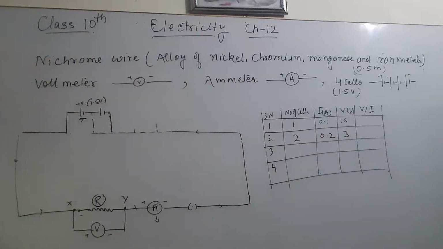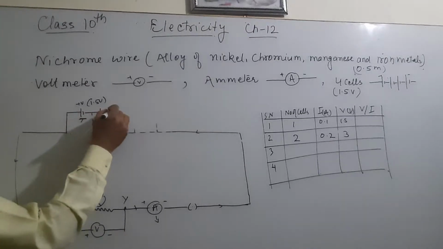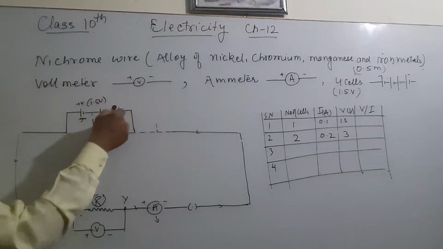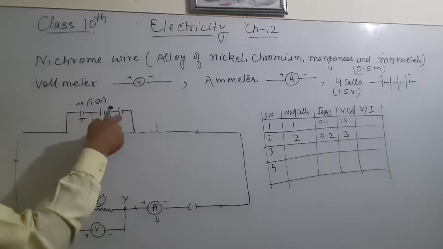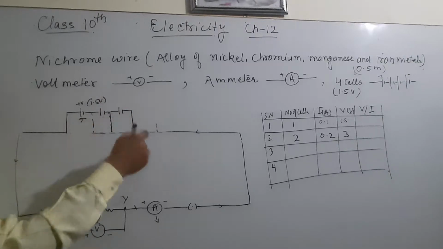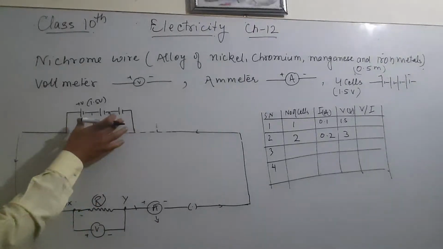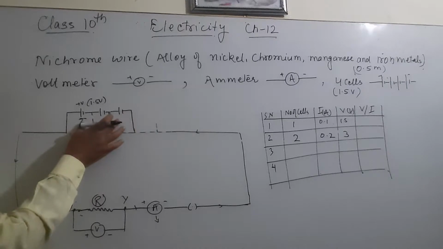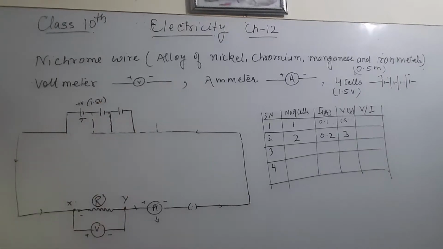Now he arranged 3 cells, each having the capacity of 1.5, and then the total potential difference of the battery is 4.5. This means the voltmeter will show 4.5 volt of potential difference.